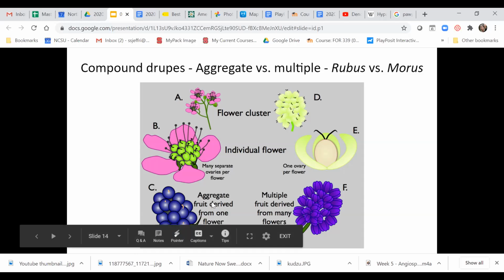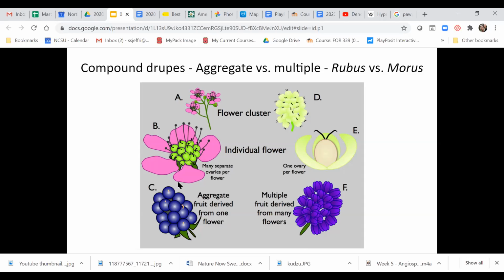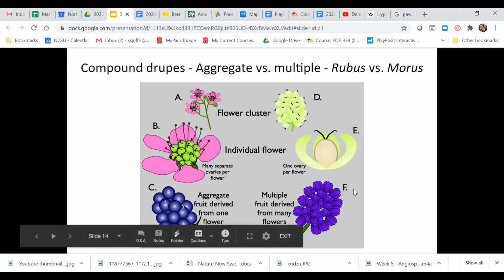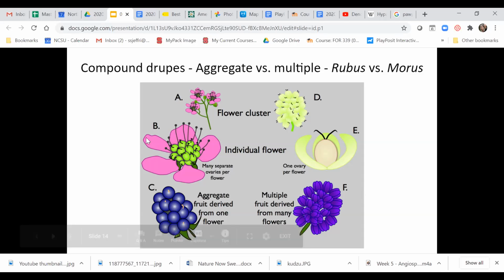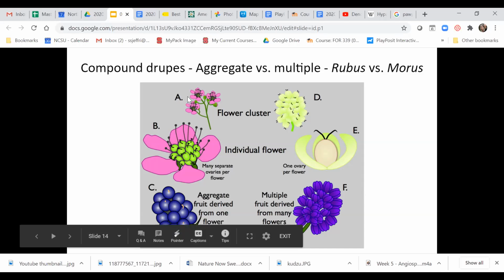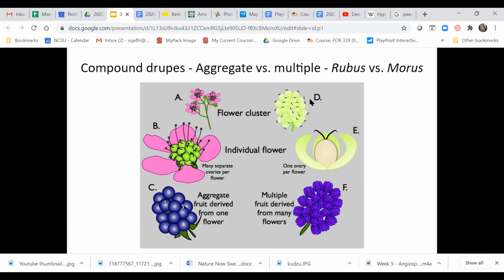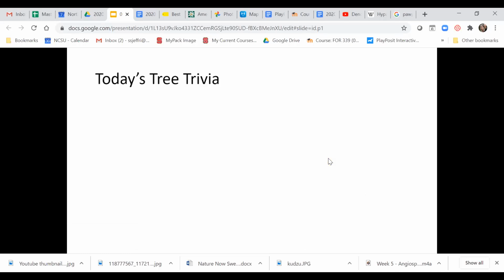On the left side, we have an aggregate of drupelets for Rubus, and on the right, we have a multiple of drupelets for Morus. So we have single flowers with multiple carpels versus multiple flowers and single carpels. That's something that I have to think about every time very carefully. It'll take a little thought to work through that yourself.